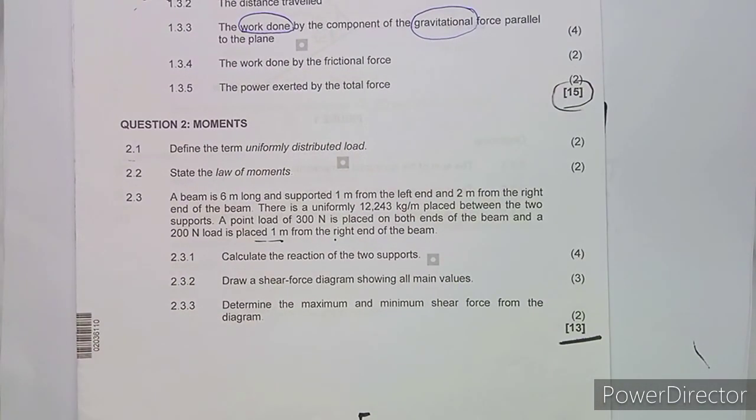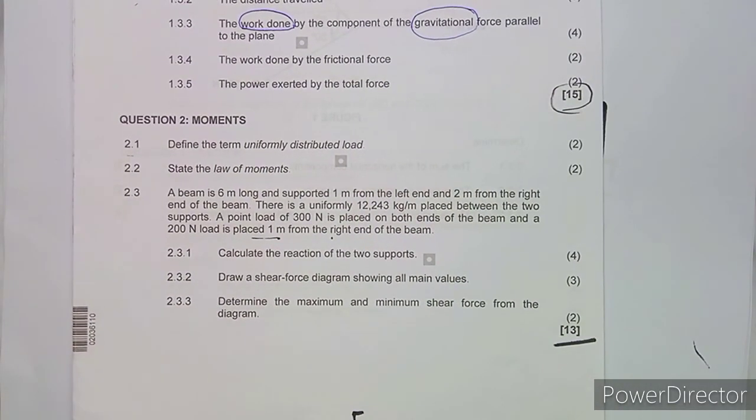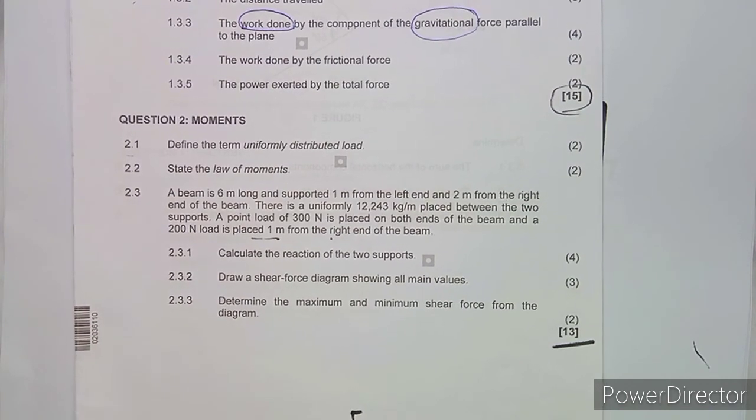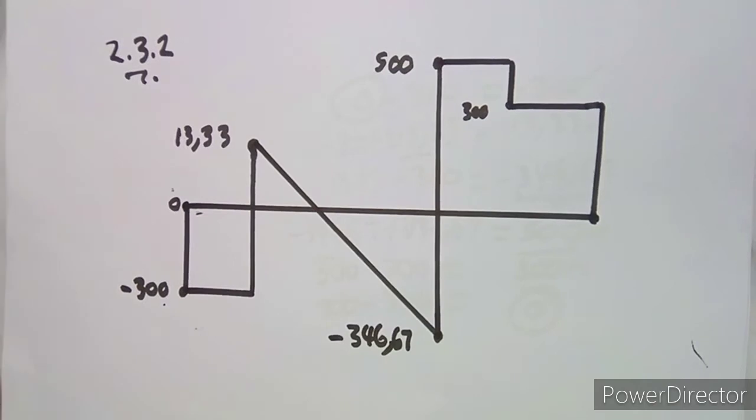All right, then the last question is: determine the maximum and minimum shear force from the diagram. How do I find the maximum and minimum shear force from the shear force diagram? These are the forces taken at the points where the diagram crosses the horizontal axis at 0.